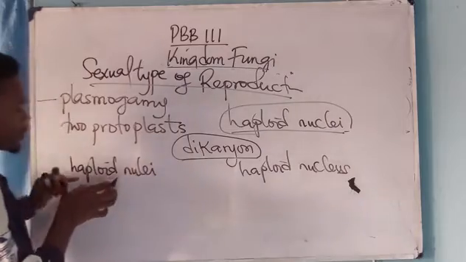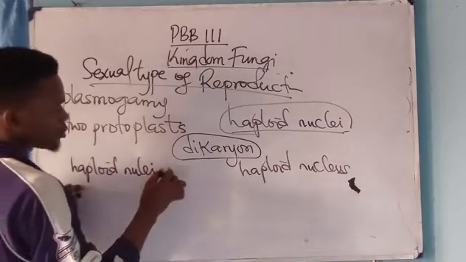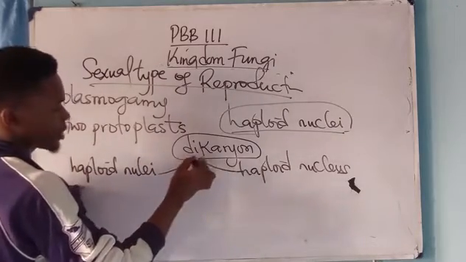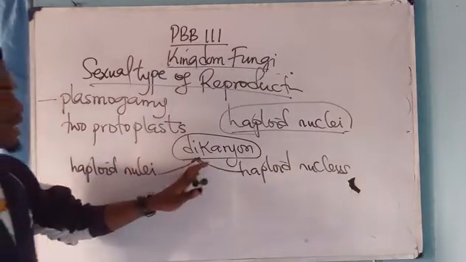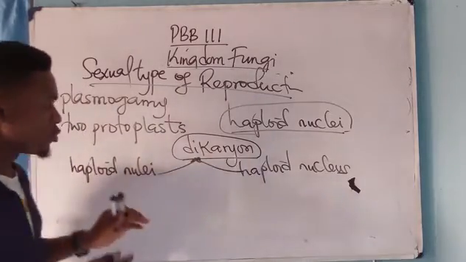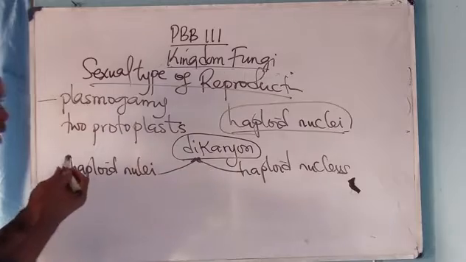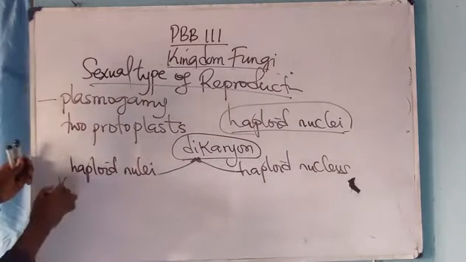This combination of the two haploid nuclei, we call a dikaryon. Now this dikaryon produced will undergo meiosis through karyogamy.